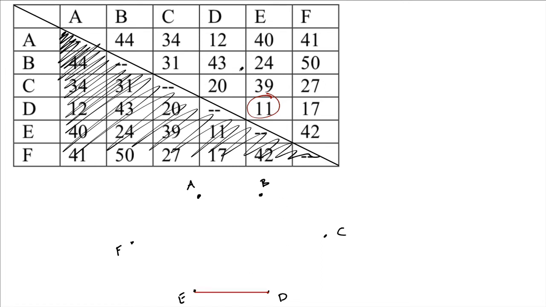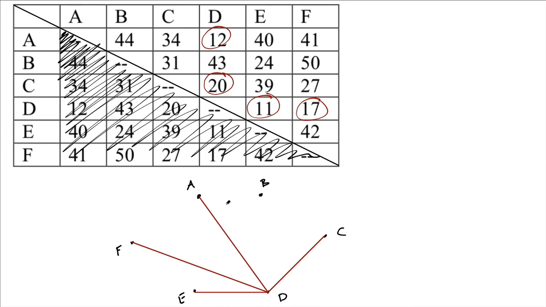Our next cheapest edge is the 12 from D to A. Our next cheapest edge looks like it's the 17 right here from D to F. Go ahead and add that. Our next cheapest after the 17 looks like it's this 20 right here from D to C. Good to do that. Notice that we're no problem here having a vertex of degree more than 2. We're just finding a spanning tree.